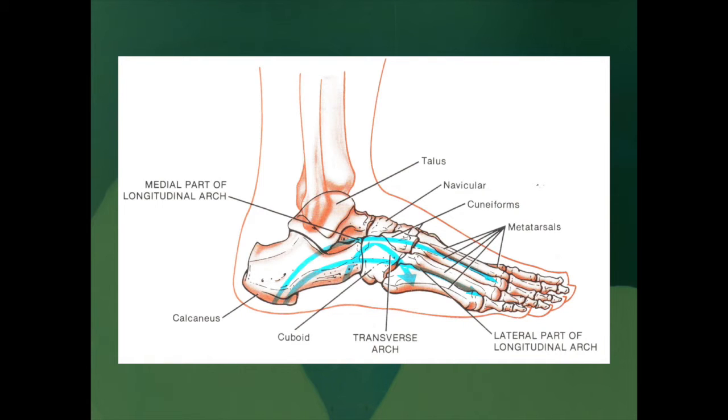Now let's talk a little bit about the arches of the foot, because these are also very important and unique to the human animal. The bones of the foot are arranged into two general arches. These arches enable the foot to support the weight of the body, and they provide an ideal distribution of body weight. And this is where we see a little bit more of that distribution being uniform in nature.